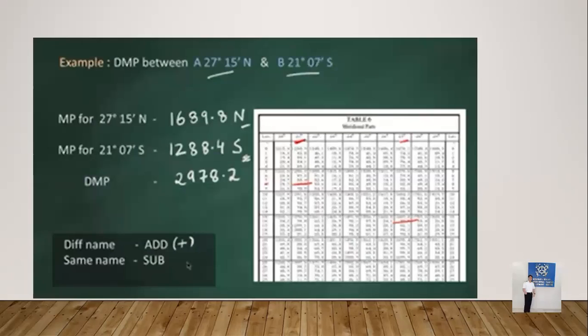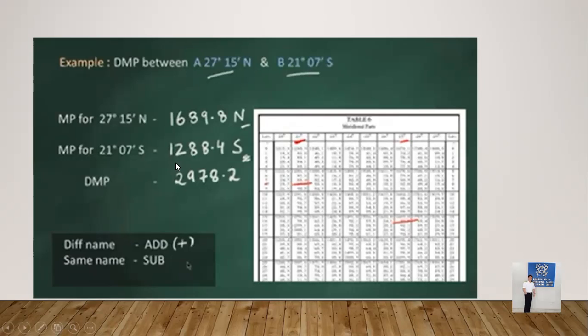And also, we have a formula in computing the meridional parts: the difference, abbreviated as DMP. Meaning to say, for each latitude, we have to take the meridional parts from the Norie's tables. For example, your point of departure latitude is 27 degrees 15 minutes north. We take it from the tables, and that will be 1689.8. And the point of arrival latitude is 21 degrees 07 minutes south.